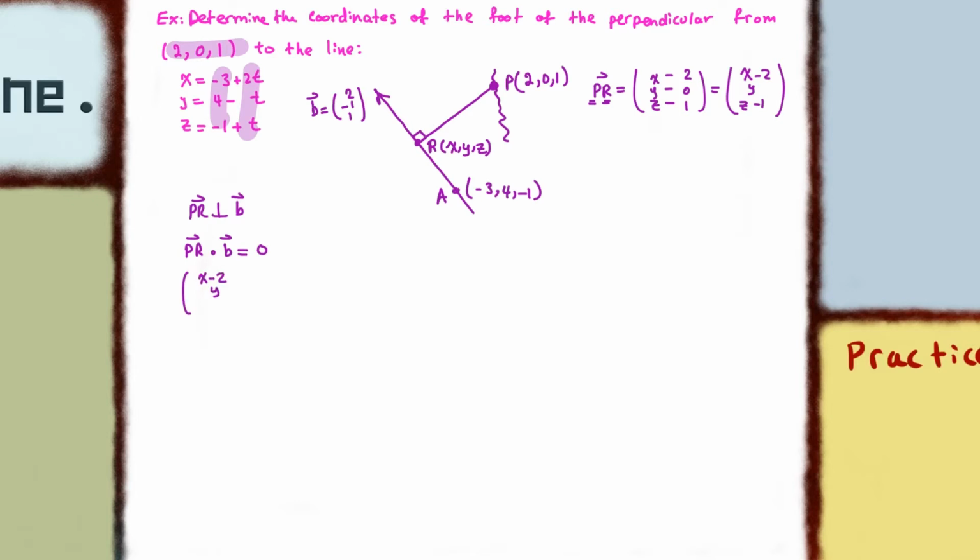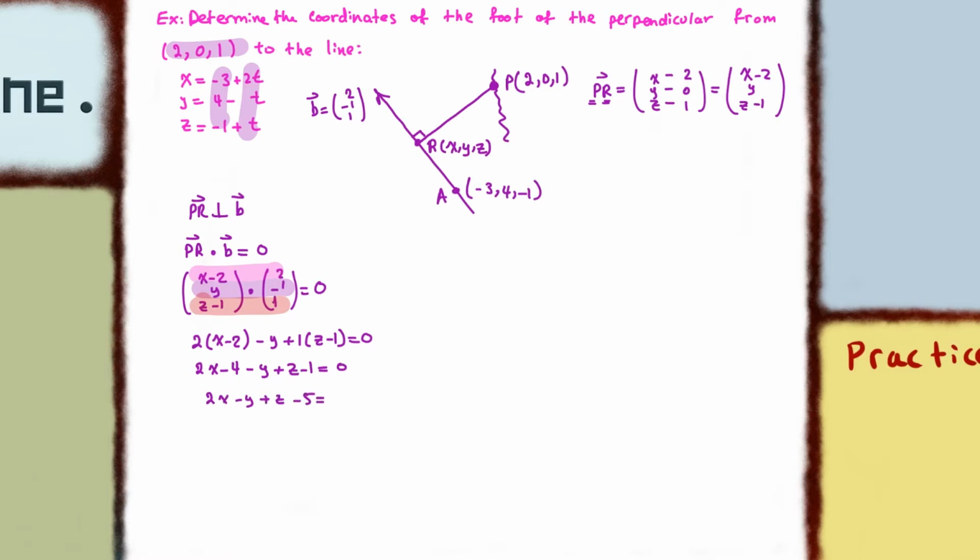The components of B are (2, -1, 1), so we multiply the x components, the y components, and the z components together, sum them up, and set them equal to 0. When we expand and simplify, we end up getting 2x minus y plus z minus 5 is equal to 0.